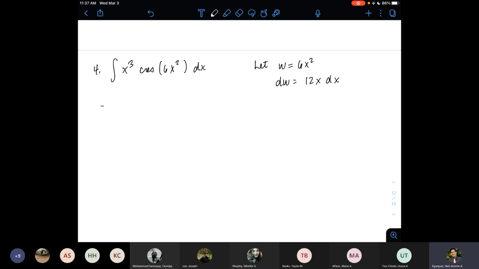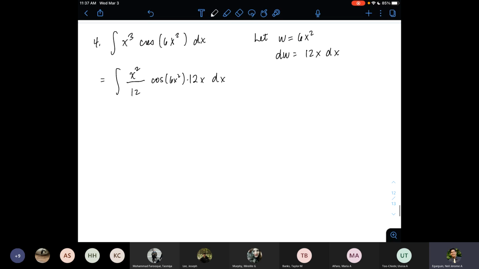So the original integral, I can actually write this as I need a 12x dx to get the dw, so I'll put that there. So I should take away that 12 that I introduced out of the blue. So I have a cosine 6x squared over here. And then I took the x out of the x cubed, so there would be an x squared left over here. Okay. And so that means 12x dx can be replaced by dw.